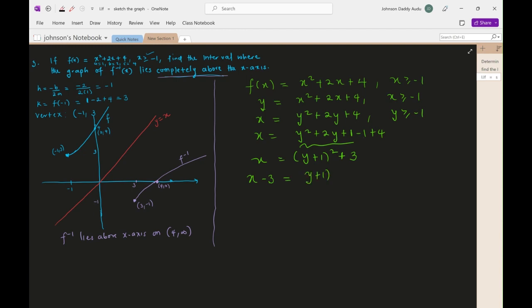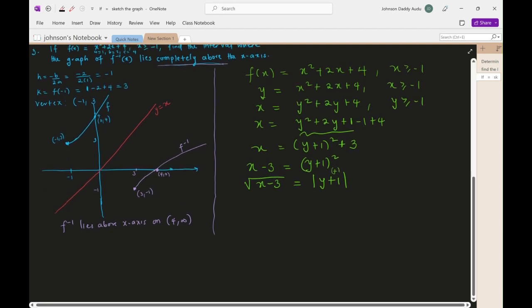equals (y plus 1) all squared. If you take the square root of both sides, we have the square root of x minus 3 equals the absolute value of y plus 1. But since y is greater than or equal to minus 1, this is always positive or 0, so we can remove the absolute value.